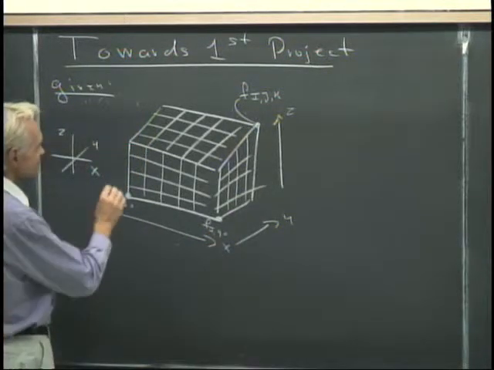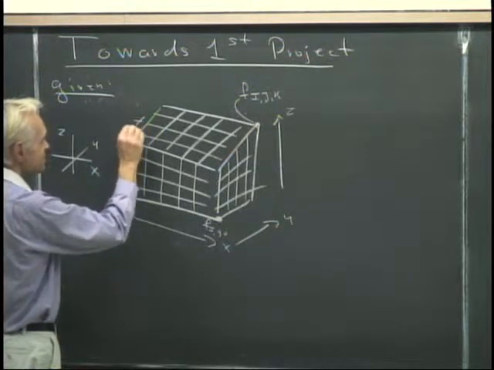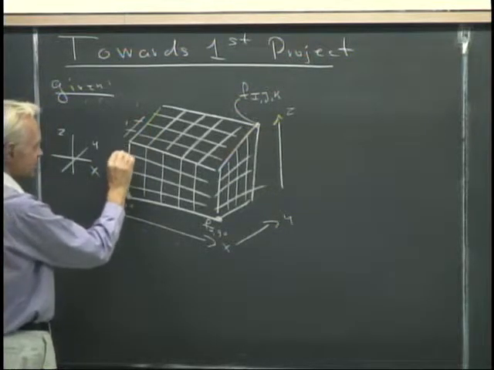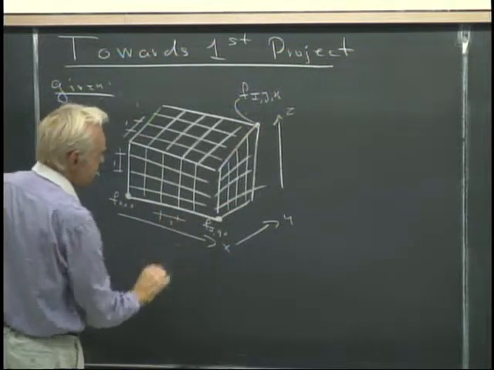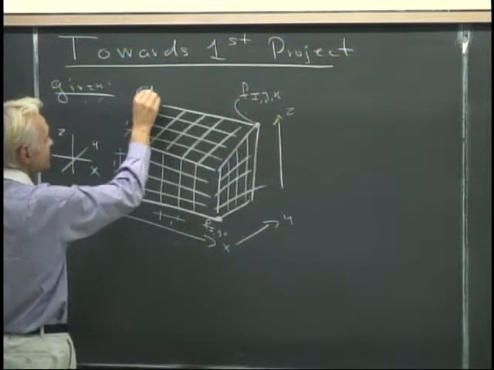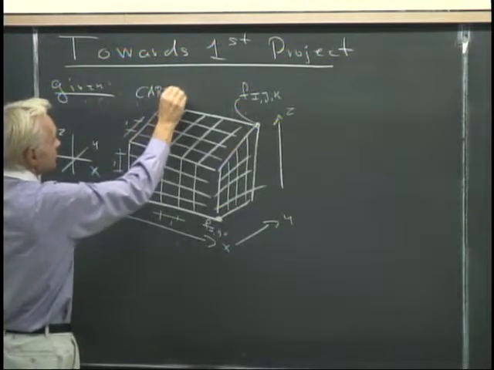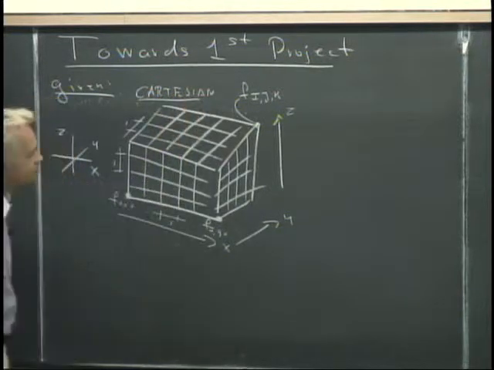All the spacing is of unit size, so these distances are always 1, 1, and 1. So we have a Cartesian data set. That's the setting.